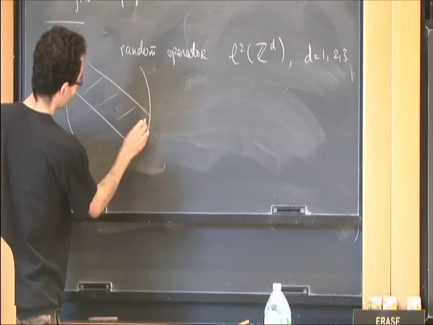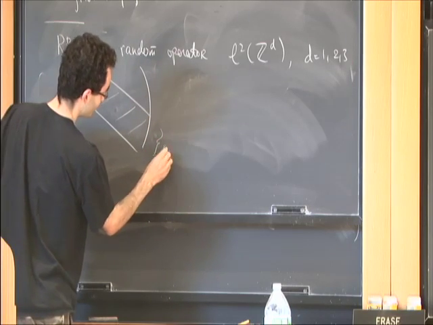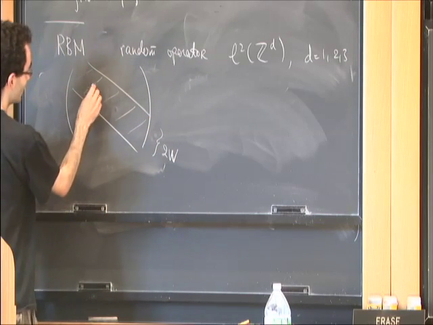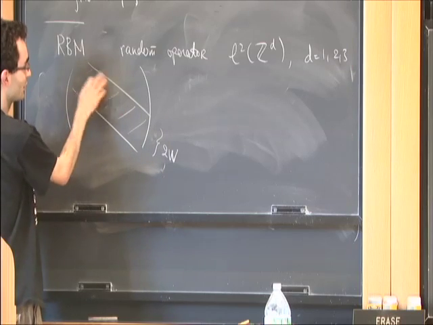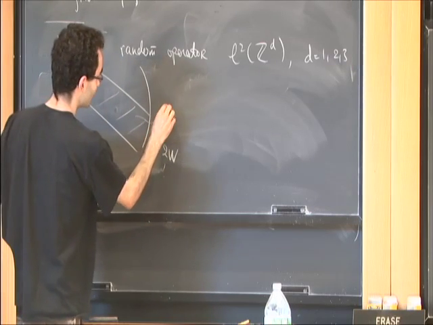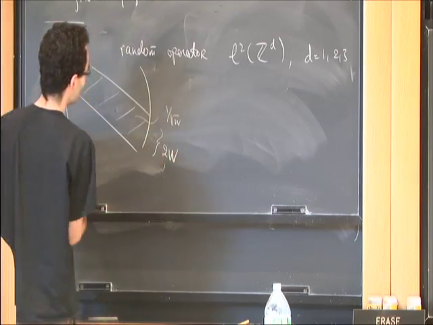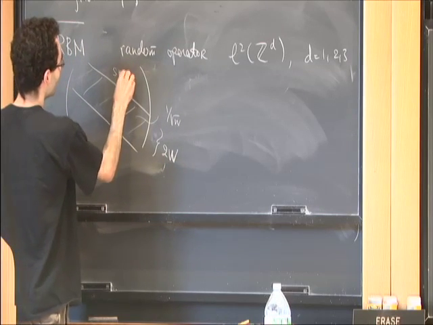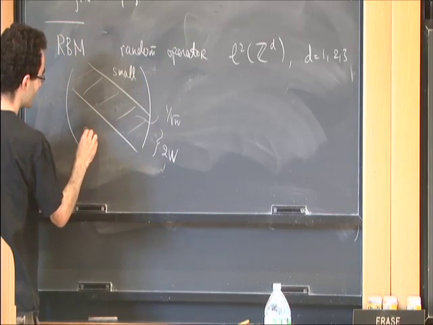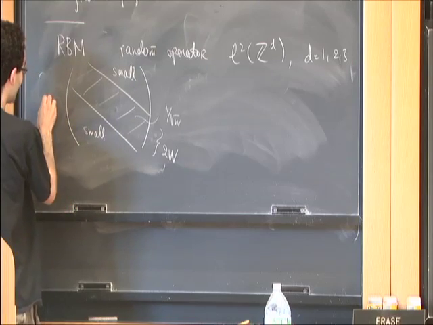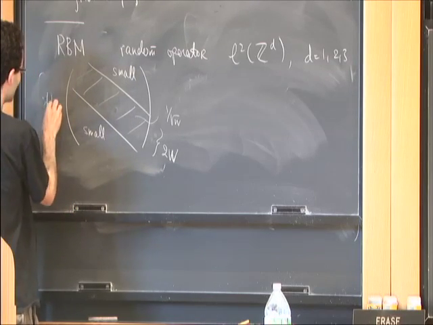We have a band of width 2W, where the elements are relatively large, of the same order of size 1 over square root of W, and all the rest are very small. So this is in 1D.